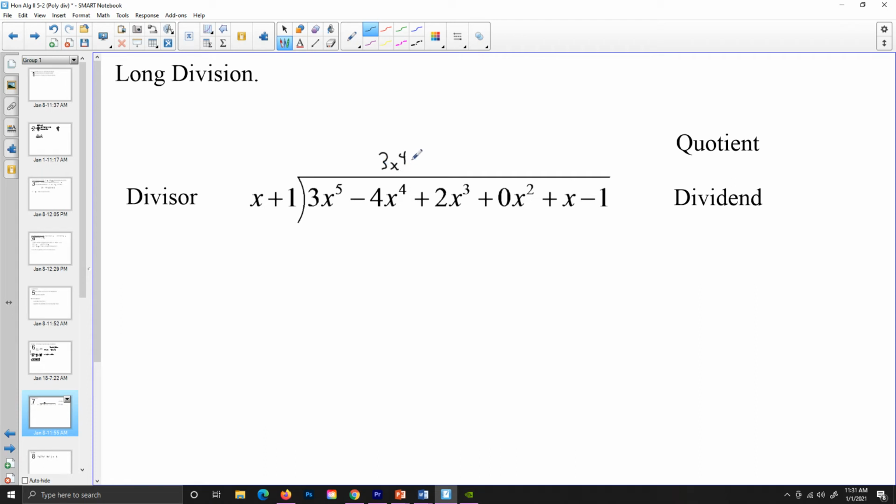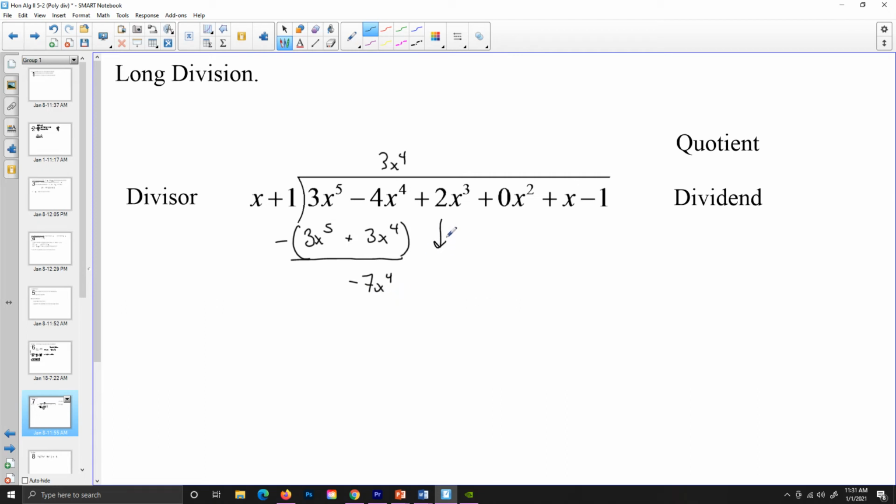So 3x to the fourth times x will be 3x to the fifth. 3x to the fourth times 1 will be 3x to the fourth. This thing I am subtracting away. Now 3x to the fifth minus 3x to the fifth is 0, and that's what I want. But negative 4x to the fourth minus 3x to the fourth is going to be negative 7x to the fourth.